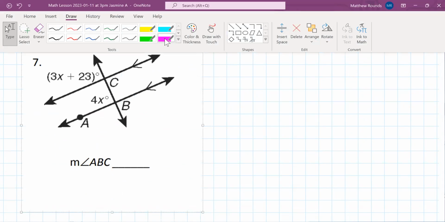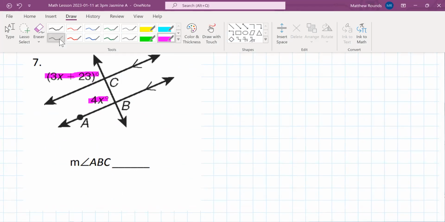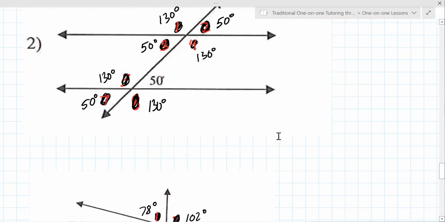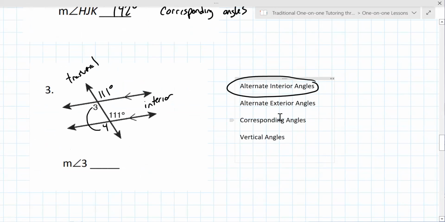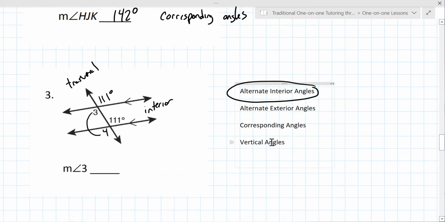So this new problem here, 3x plus 23 degrees and 4x degrees, are they congruent or do they add up to 180? Congruent. They are congruent. Now, can you tell me which one of the four reasons for why they are congruent from this list here?